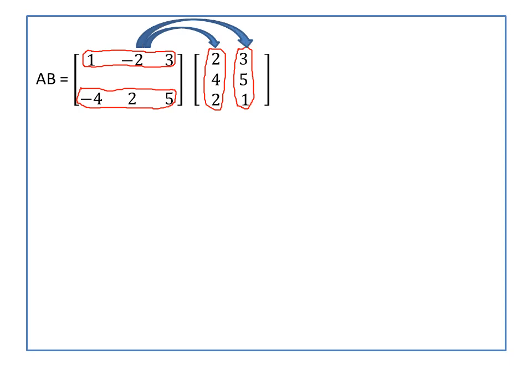Then multiplying first row of matrix A to the second column of matrix B gives the second position element. Similarly, multiplying second row of matrix A to the first column of matrix B gives the third position, and multiplying second row of matrix A to the second column of matrix B gives the fourth position element.